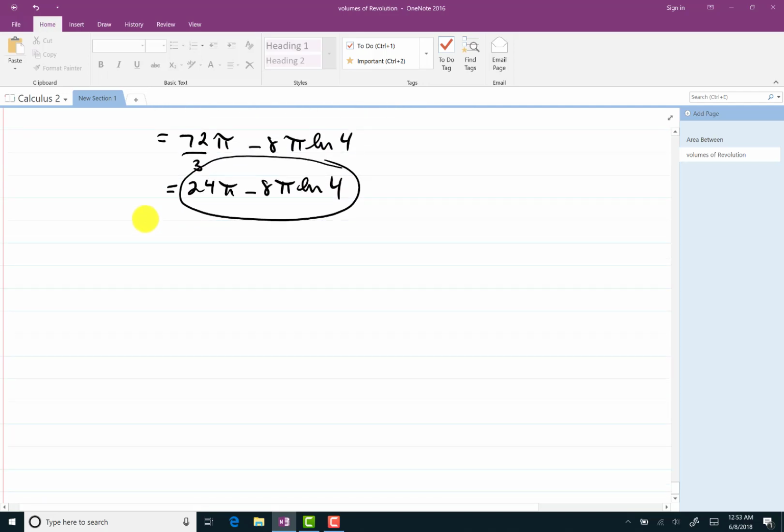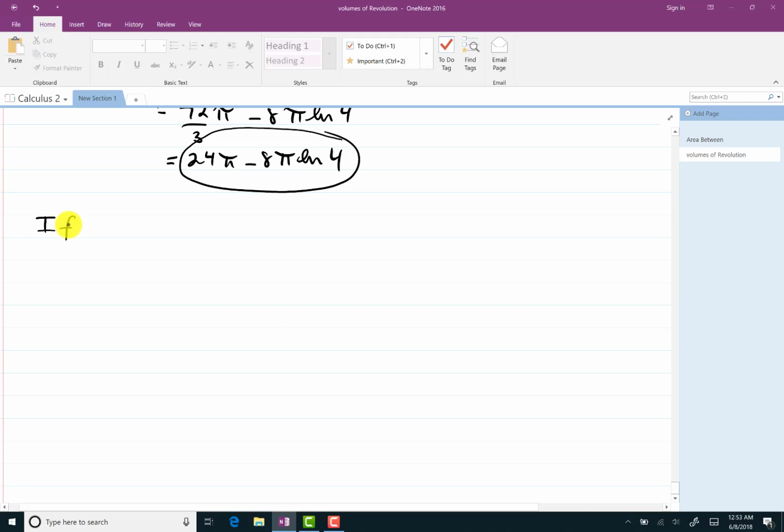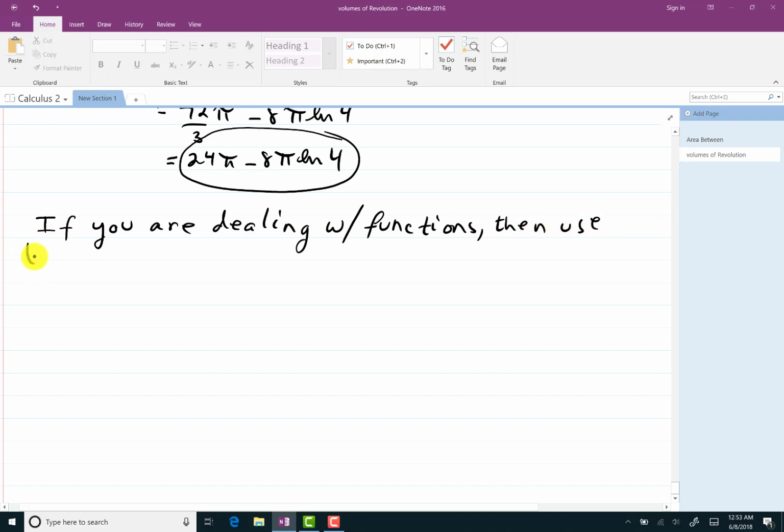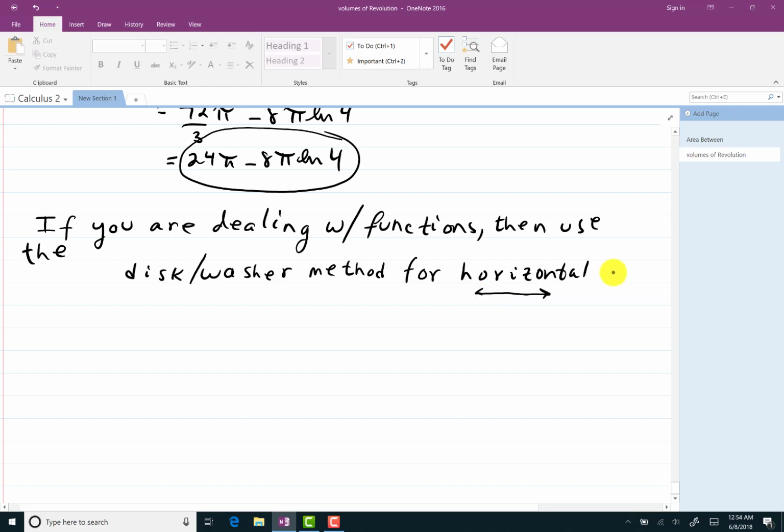Now, if you are dealing with functions, then use the disk/washer method for horizontal axes of revolution.